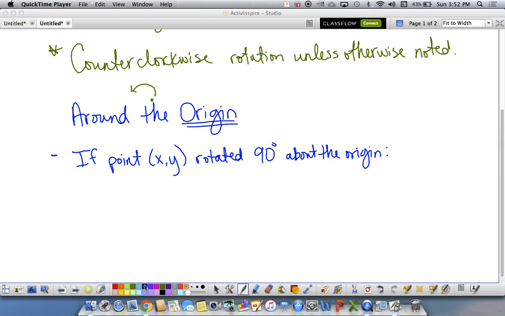you will have the mapping notation: (x, y) will be mapped to (negative y, x). That is 90 degrees about the origin. So 90 degrees about the origin, this will be your mapping notation.